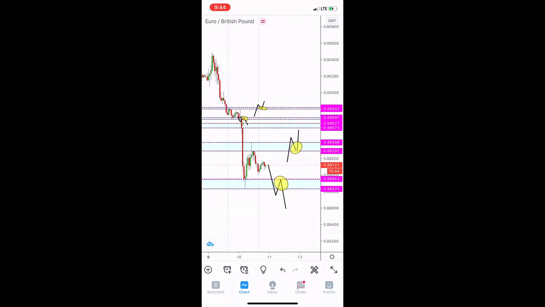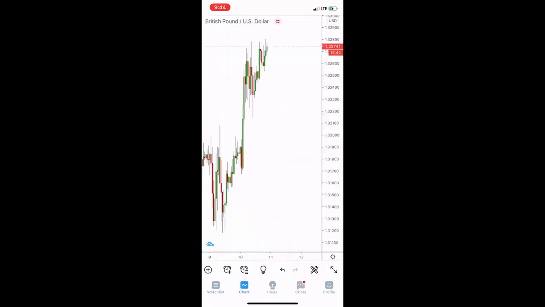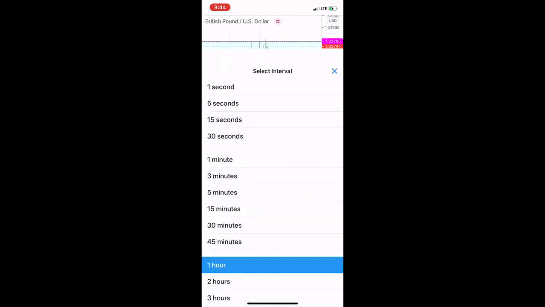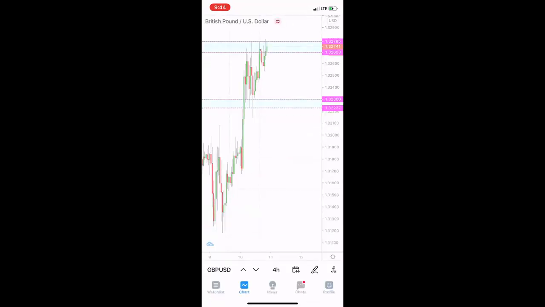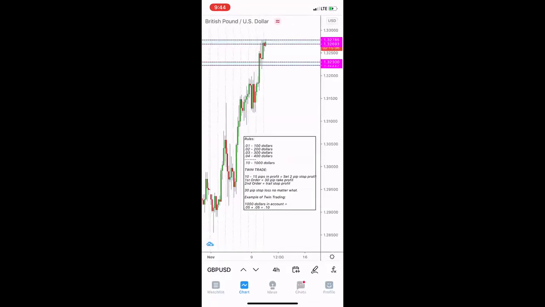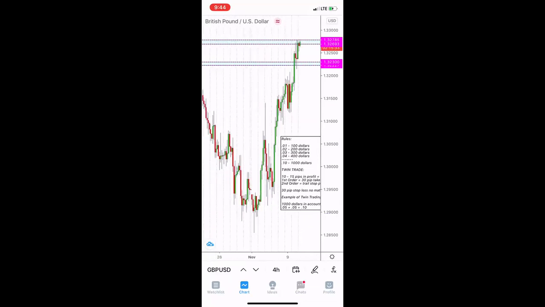Okay, so let's go to it right now. GBP USD. This one was called out on the 4-hour. So then what we could do is go look at the 4-hour time frame and be able to see that structure is telling us that we're in a huge uptrend.